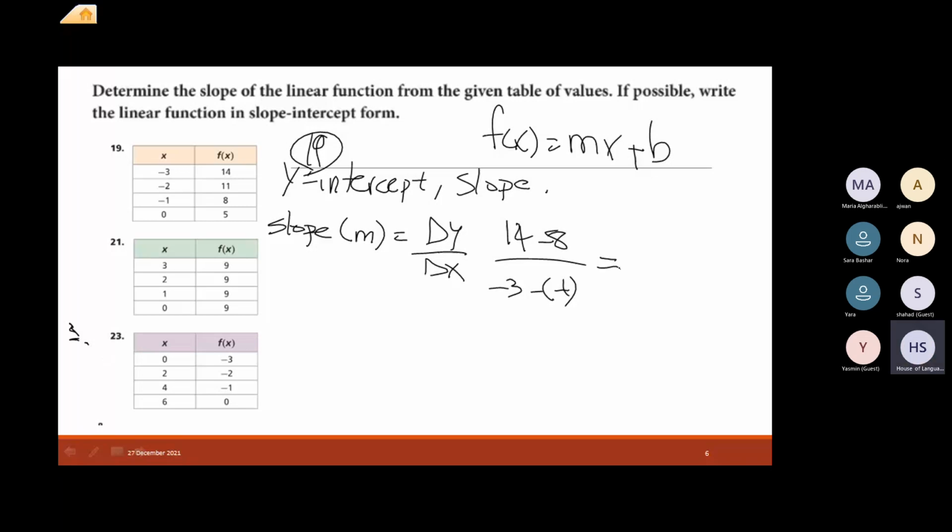Now, 14 minus 8, Ranim. 6, bravo. Then negative 3 minus negative 1. Sometimes if you see two negatives following, it will be positive. So it becomes negative 3 plus 1, which is negative 2. 6 over negative 2, 3.